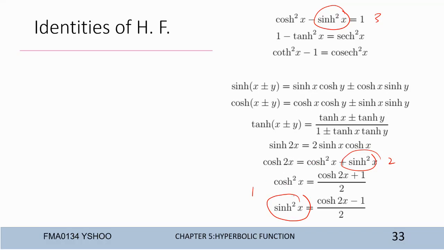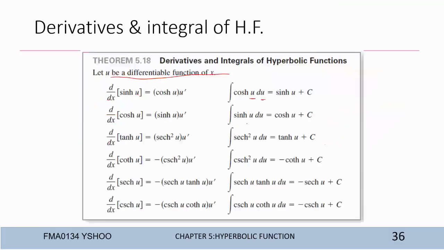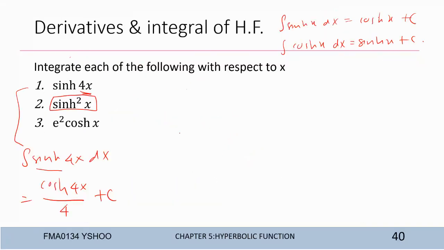So the only choice you have is this one. You take sine squared x equals cos 2x minus 1 divided by 2. So we're going to use that formula. From the formula, we know that sine squared x we can change to become cos 2x minus 1 over 2 dx.